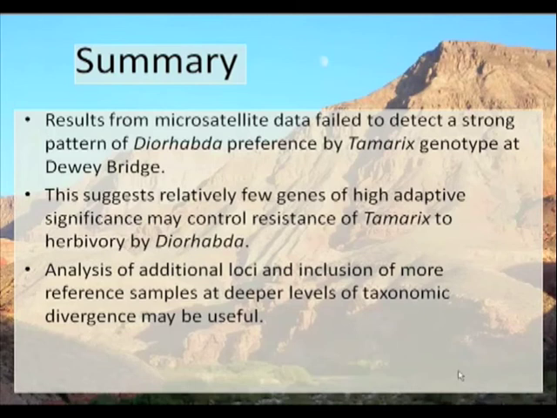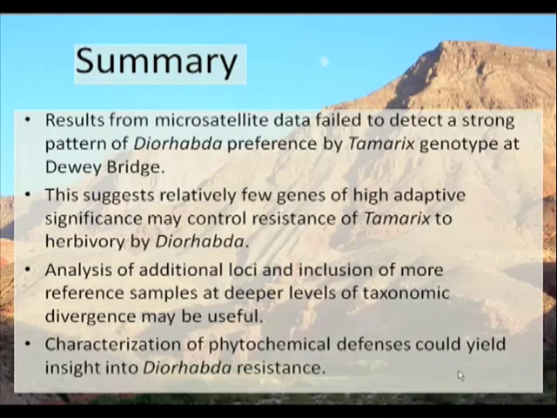So I think we need to include additional loci into this analysis, maybe additional microsatellites, or use AFLPs, and more reference samples at deeper levels of taxonomic divergence may help resolve what's going on. Like I said before, I think we need to characterize the phytochemistry in Tamarix in order to really know what's going on. Look at phenotype rather than just genotype.